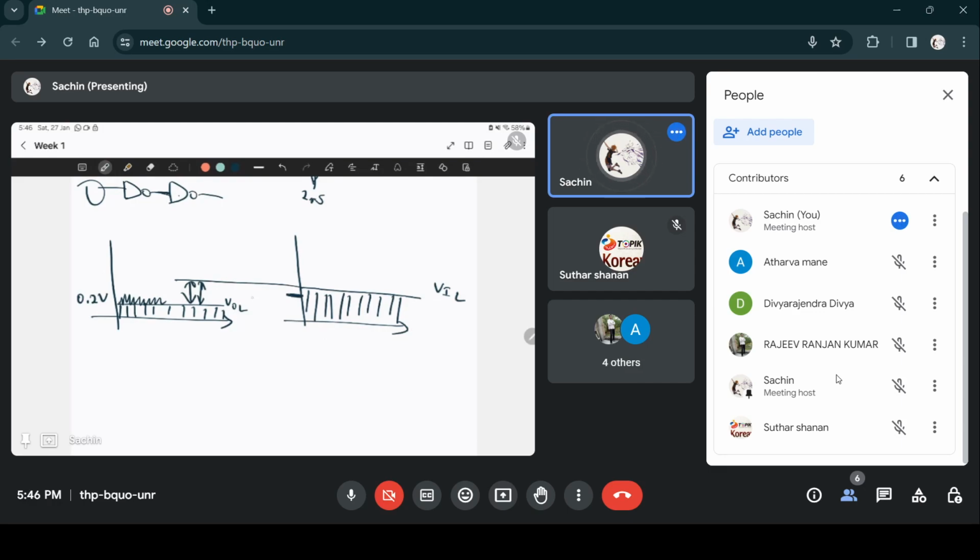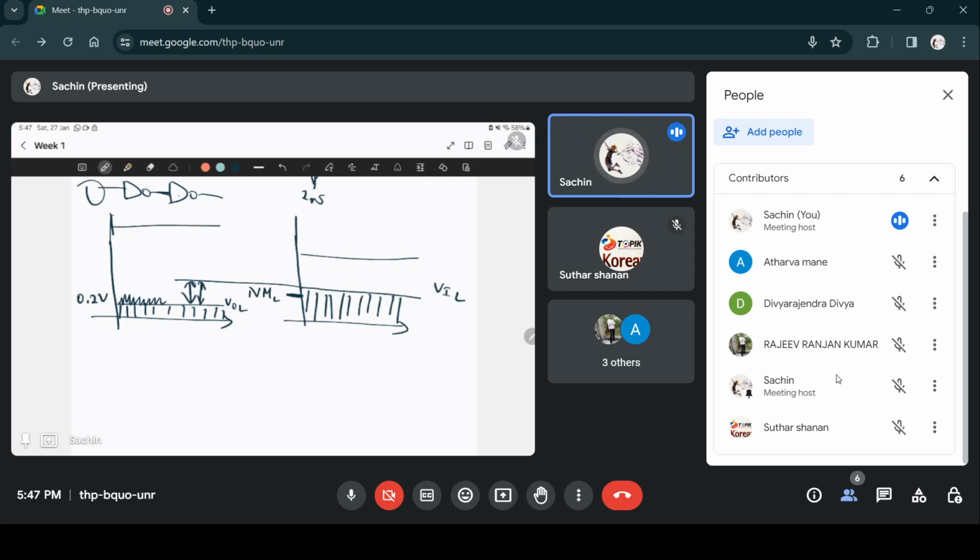So this is your noise margin low. Did you get it? Okay. Similarly for noise margin high also, it's not much different.